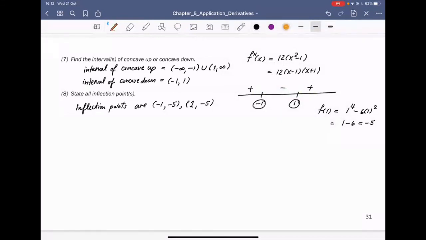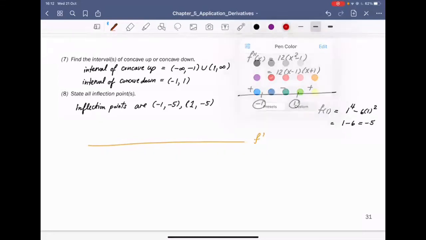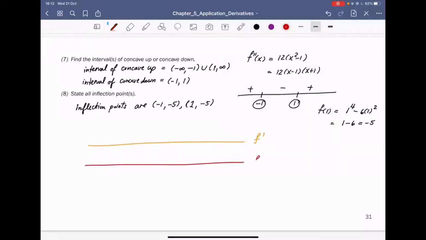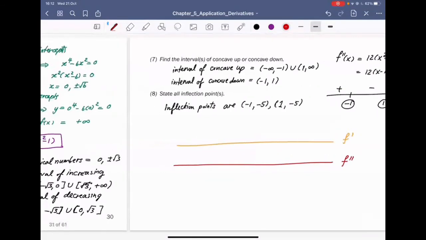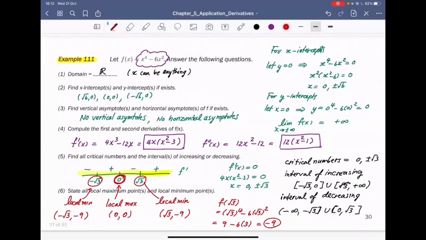All right, I'm going to draw the line for f prime, and I'm going to draw the line for f double prime in the same graph. On the line of f prime, I have the critical numbers negative square root 3, 0, and square root 3.